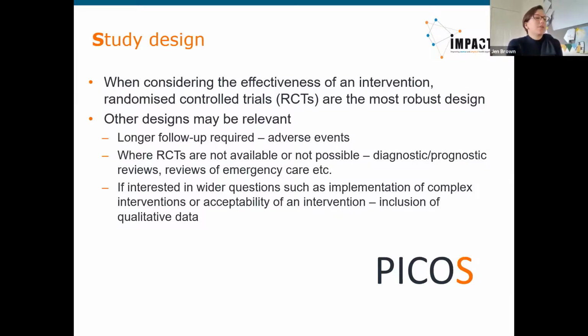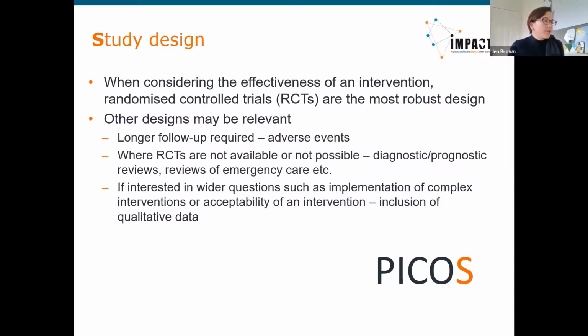So for example, if you're looking at diagnostic or prognostic reviews or reviews of emergency care, I think we're all pretty pleased that nobody is randomizing people after a car crash or something, whether or not they're getting emergency care or not. So you need to be flexible in this, and I said earlier that not always is study design considered as part of the review question.